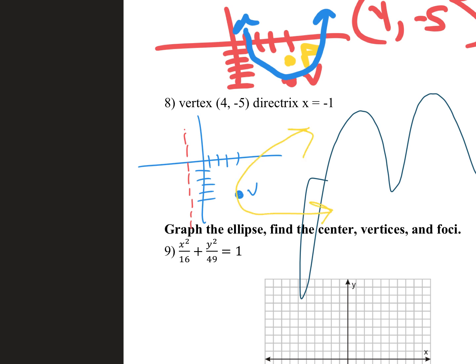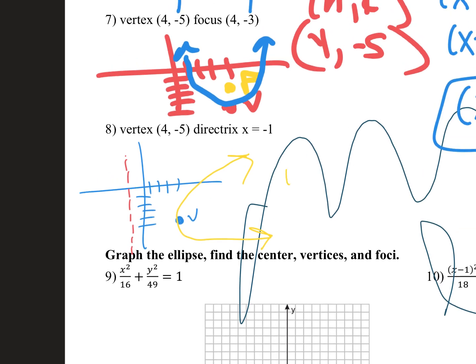So we have a rightward facing parabola. That's going to give me a y squared. So this is (y minus k) squared equals 4p times (x minus h). Well, we already know our h and k. We already know this is y minus a negative, so (y plus 5) squared equals 4p times (x minus 4).